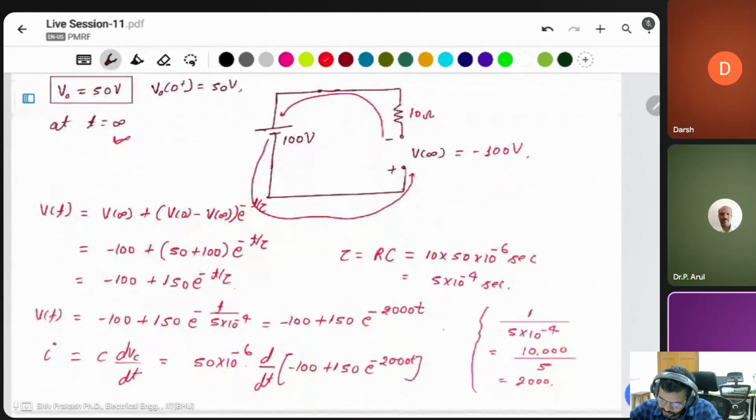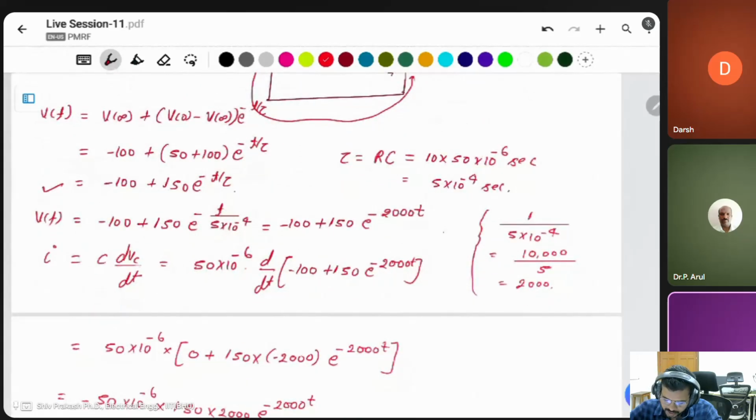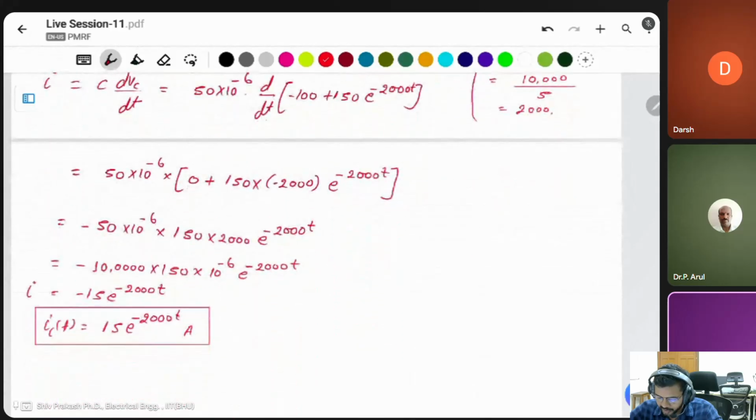According to this you can find the voltage, and then we have to calculate tau. Tau is simply RC, you know about this, and calculate the time constant. Then we know the current equation of the capacitor is C dVc by dt, so simply differentiate this, and finally we get the current equation.